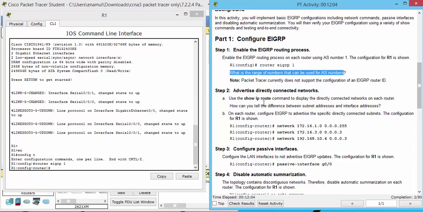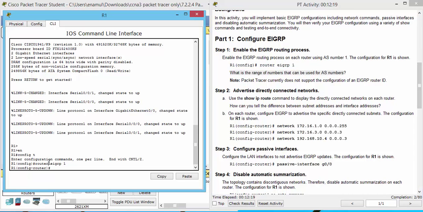Now, the Cisco IOS includes the process to enable and configure several different types of dynamic routing protocols. The router command, in global configuration mode, is used to begin the configuration of any dynamic routing protocol. EIGRP is a dynamic routing protocol, and to initiate EIGRP we use this router command.